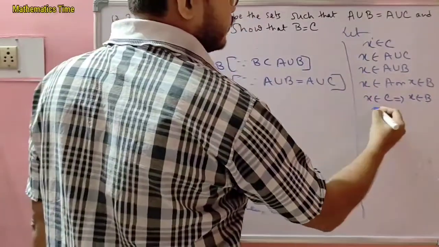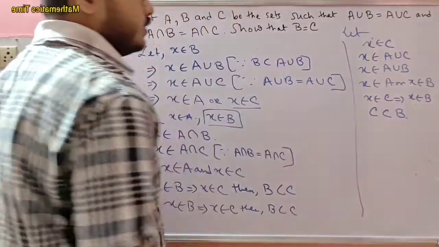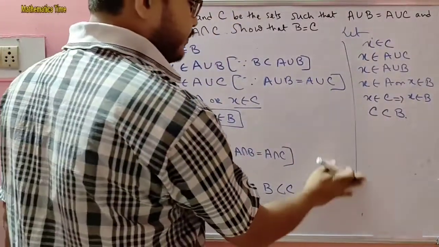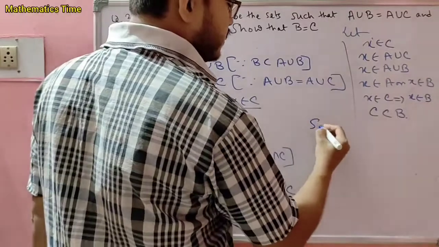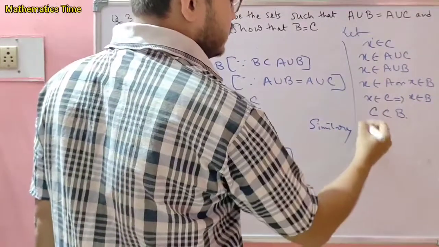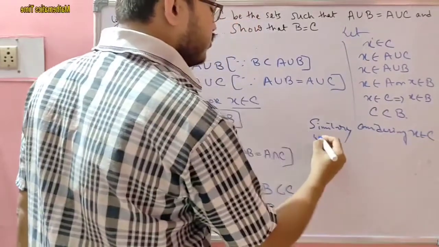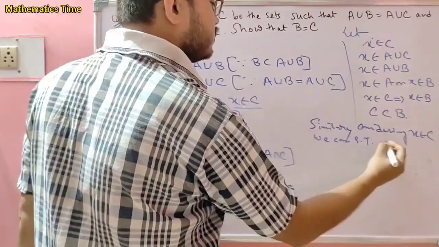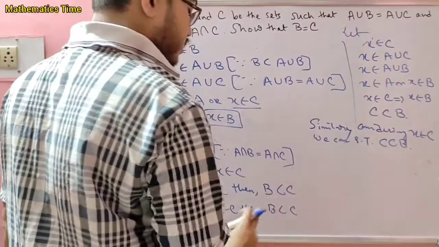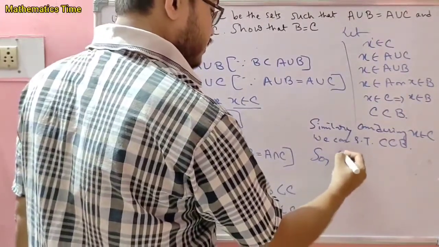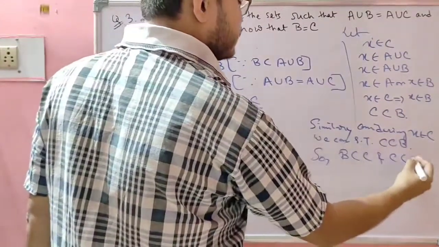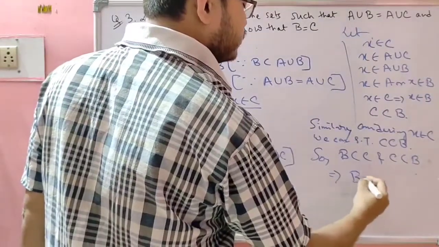With similar results we get C is a subset of B. So B is a subset of C and C is a subset of B implies B equals C.